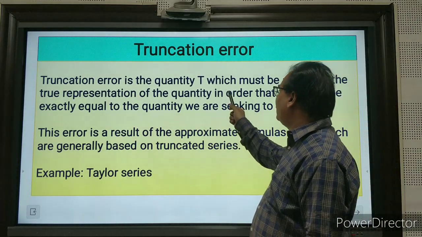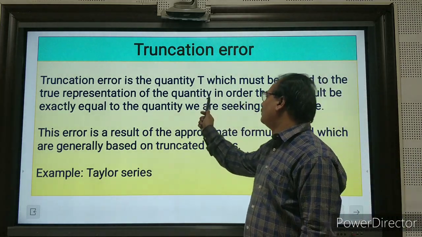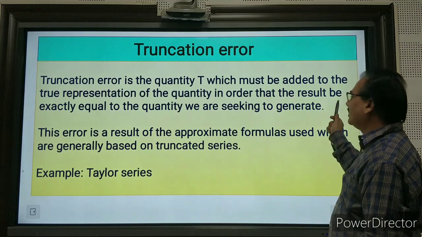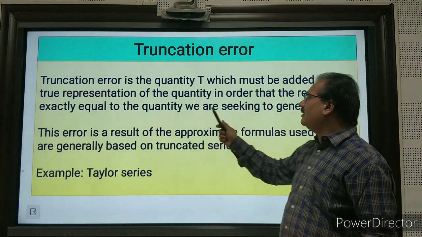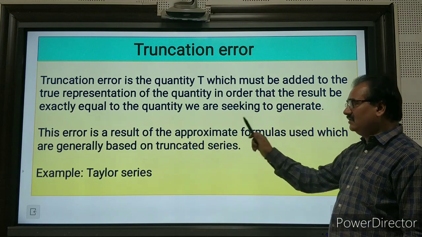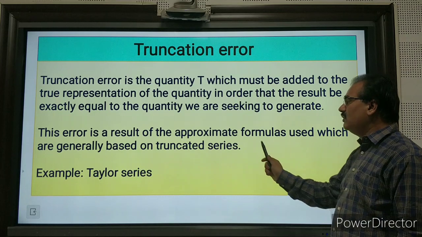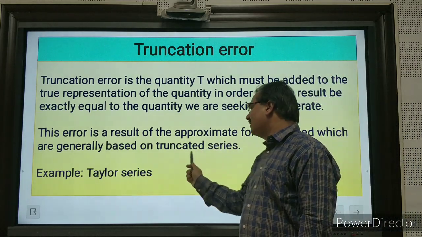Okay, now next is truncation error. Truncation error is the quantity capital T which must be added to the true representation of the quantity in order that the result be exactly equal to the quantity we are seeking to generate. This error is a result of the approximate formulas used, which are generally based on truncated series.